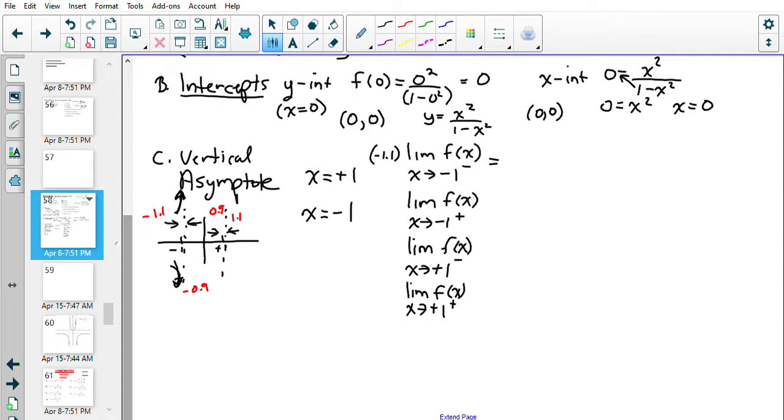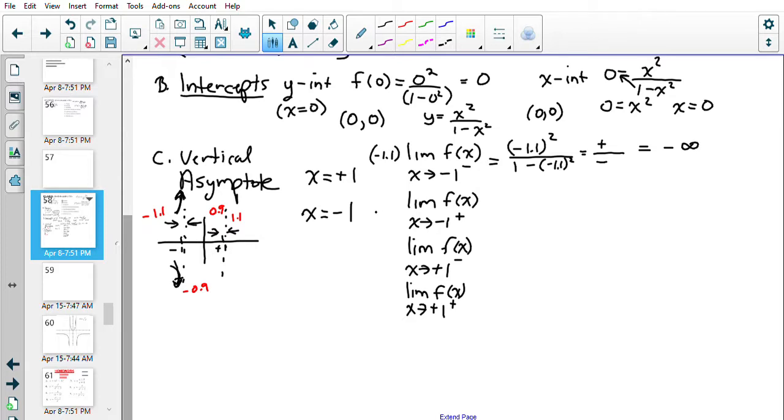So you're going to get negative 1.1 squared over 1 minus negative 1.1 squared. Well, the top is clearly positive because it's squared. And the bottom, 1 subtract negative 1.1 squared, which is bigger than 1. 1 minus a number bigger than 1 means it's negative. So that means on this side, the answer is approaching negative infinity.